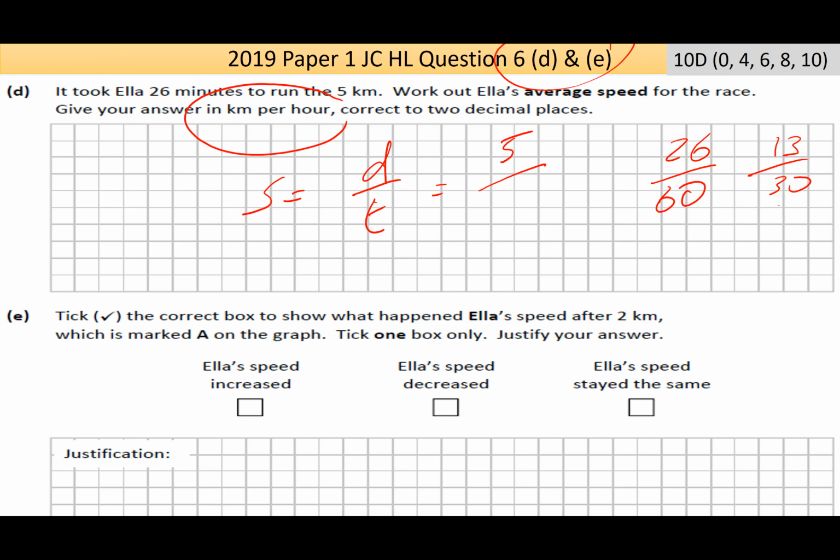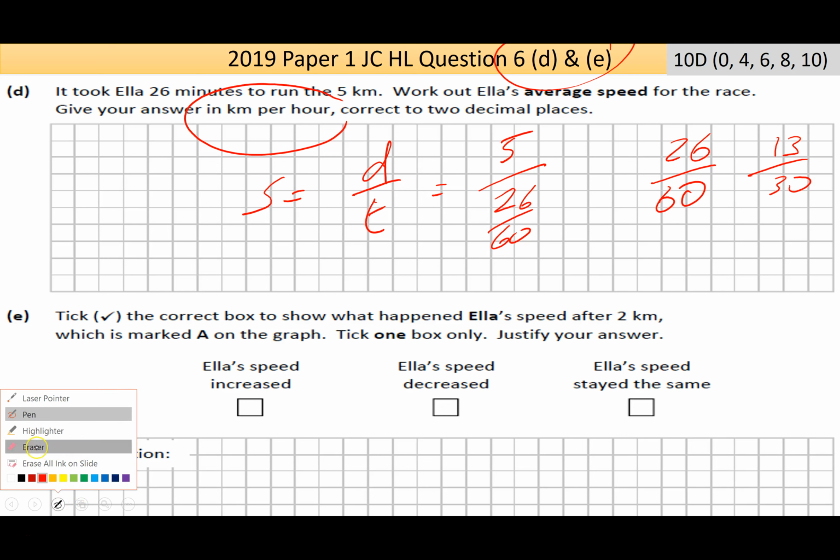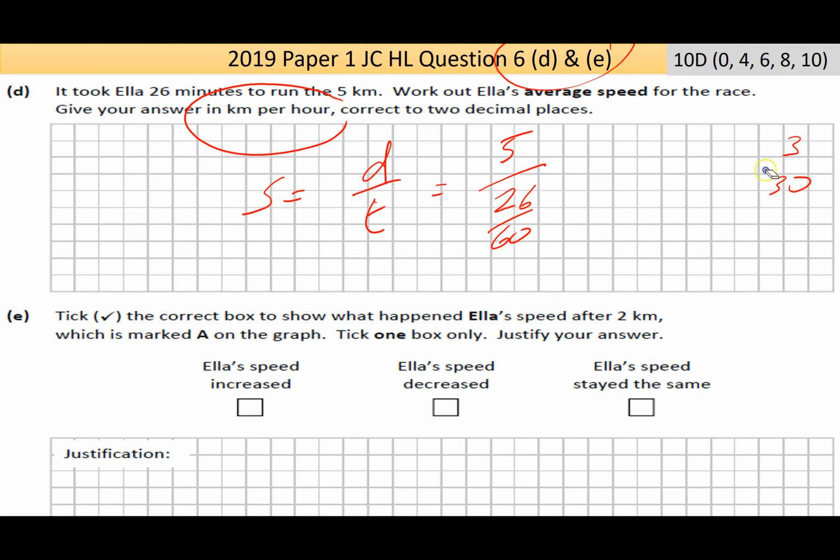So if we divide 5 by the time, you could go decimal here if you wanted, but I'm going to keep the 26 over 60. And I want to simplify that. Now I can do it by hand. No harm having the practice.